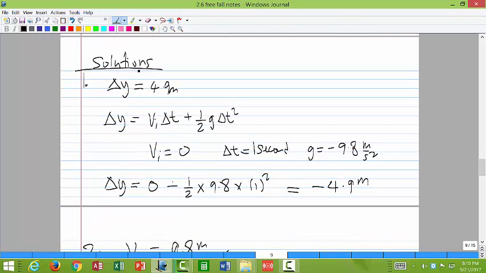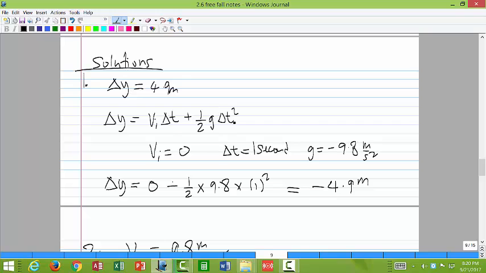So here are the solutions that I've received from you students. After falling for 1 second, the displacement along the y-axis is 4.9 meters. We can find that by using our kinematic equation, delta y equals v initial delta t plus half g delta t squared. Since the object is dropped, initial velocity is 0, the time interval is 1 second, and acceleration is negative 9.8.